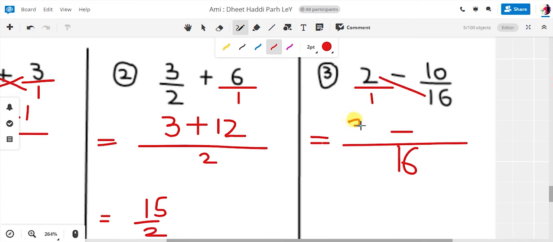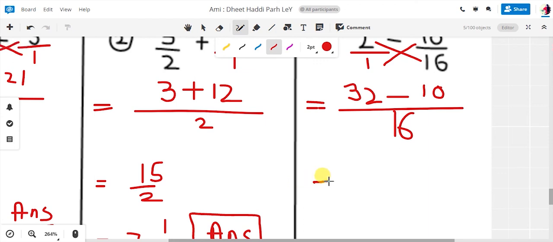Before the negative sign. Now we have to multiply these two numbers. So 1 times 10, or 10 times 1, will give me 10. So 32 take away 10 will give me 22 over 16.